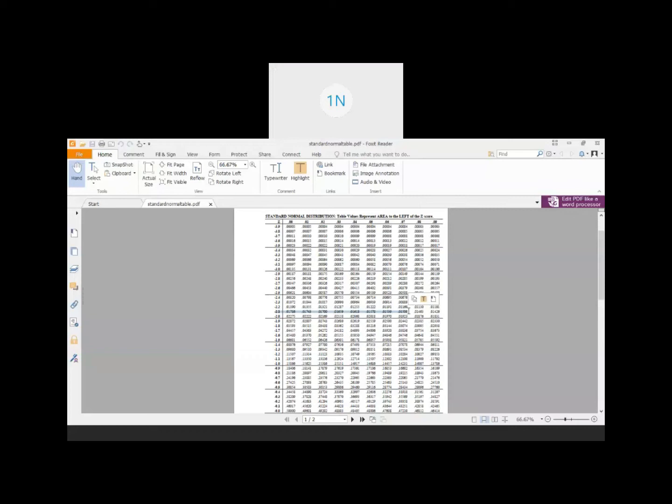Did you get the value? How to find it out? Okay, we will divide this 2.17 as 2.1 and 0.07. From the left we have chosen minus 2.1. You see, we have selected the row from the left column of Z. On the left side there are some Z values, and on the top there are some Z values.